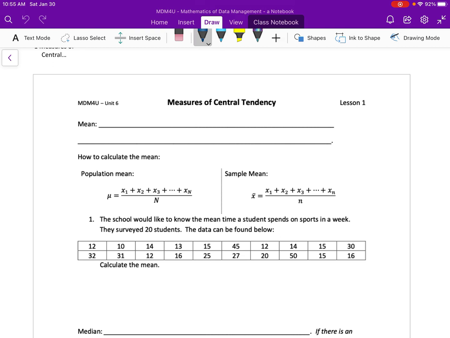The most common one that most people think of when you say average is what's called the mean. And you might have learned this probably in the past, probably in grade 7 would be the last time you do this in stats. But remember, the mean is just really you take the sum of all of your data points and divide them by the total number of data points.